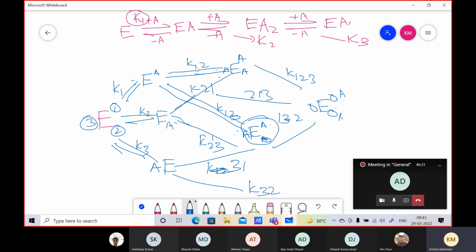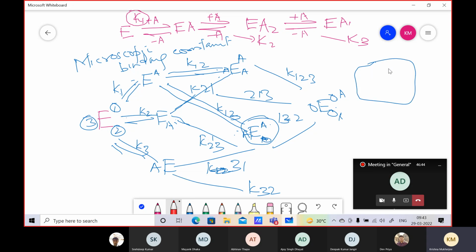So I am labeling these microscopic binding constants with the first letter being the site. Suppose there are three sites in the enzyme molecule: site 1, site 2, and site 3. So this is 1, this is 2, this is 3. Then the order in which it binds.